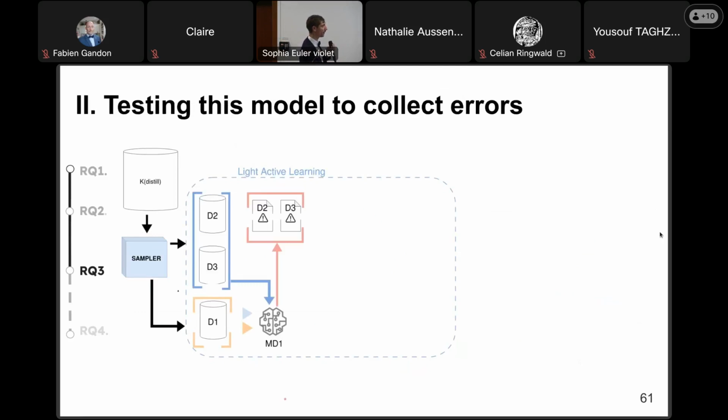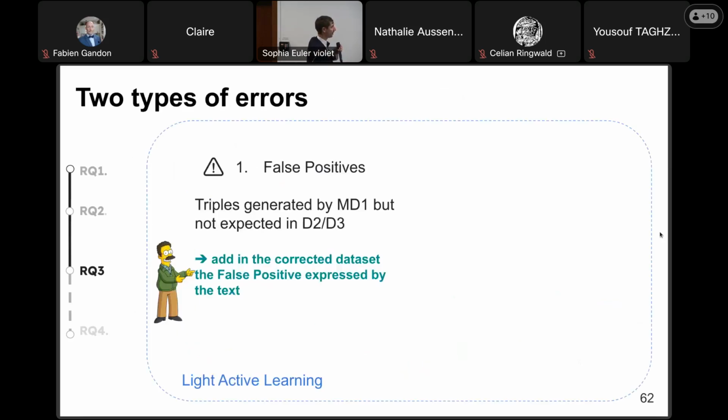The second step is about sampling two sets of text and graph to test our model, which will lead to the production of two error sets, and the sets will then be evaluated by an annotator. So you have two kinds of errors.